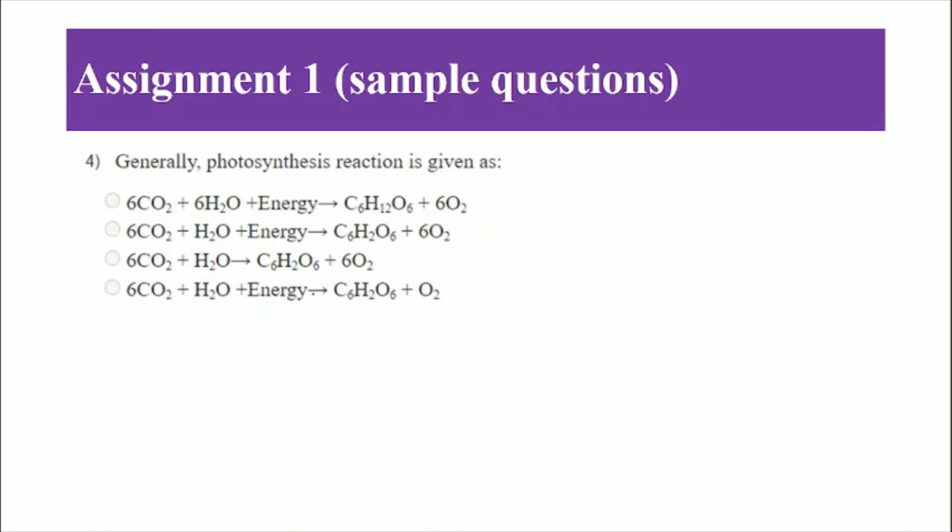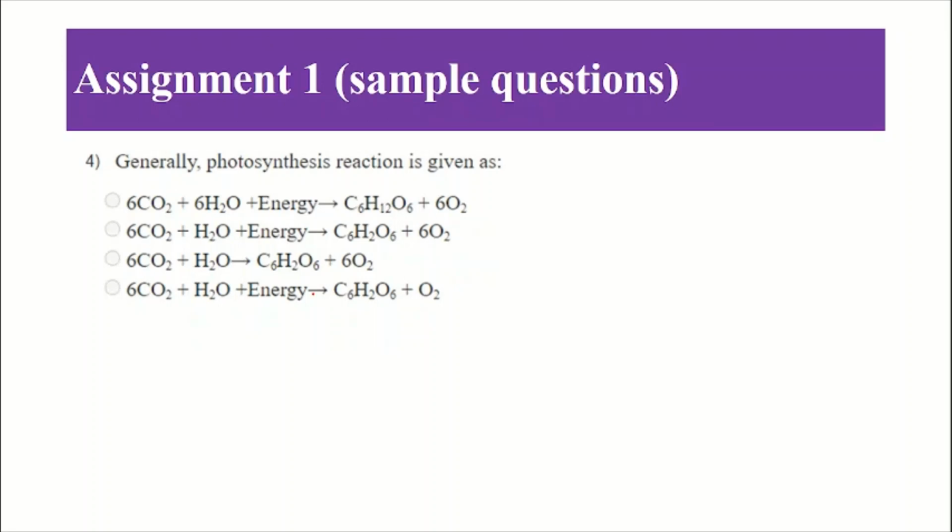Next question: generally, the photosynthesis reaction is given as. In photosynthesis, carbon dioxide, water, and energy are taken up by plants and made into food. What is that food? That food is glucose.